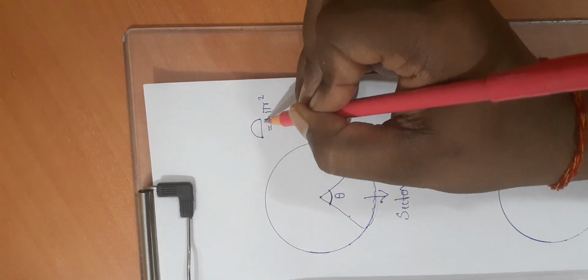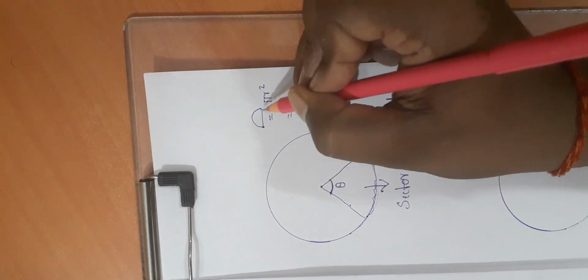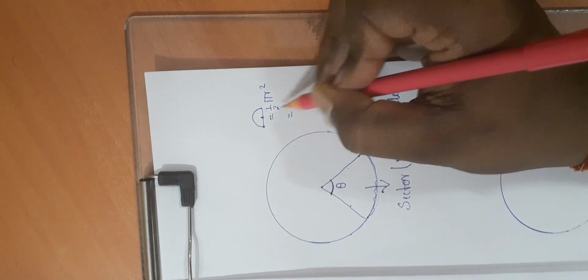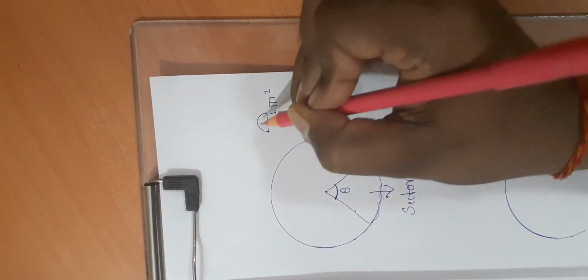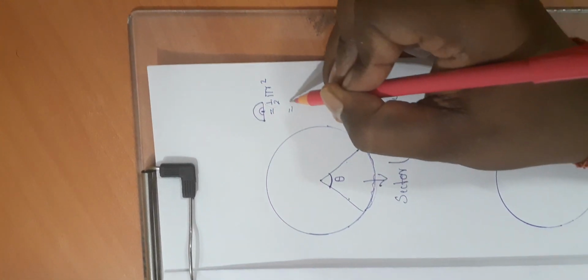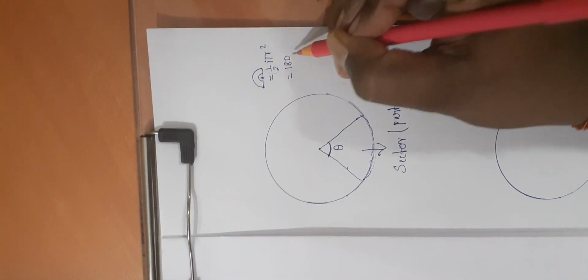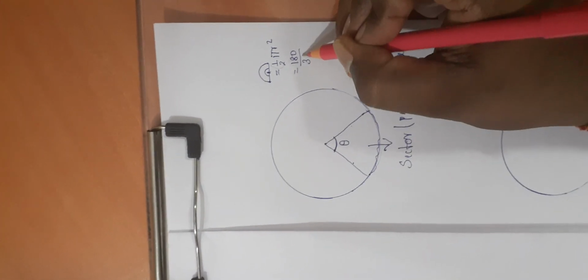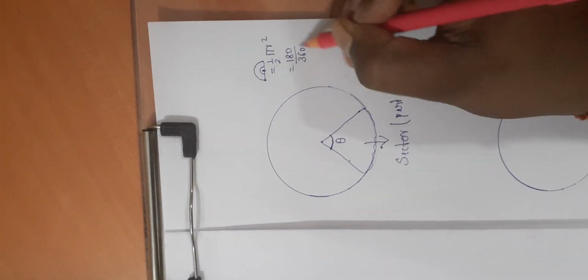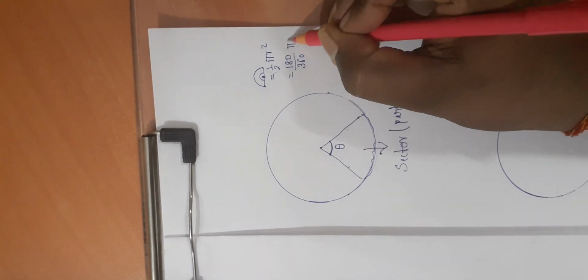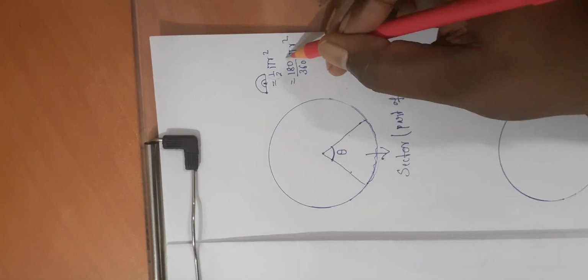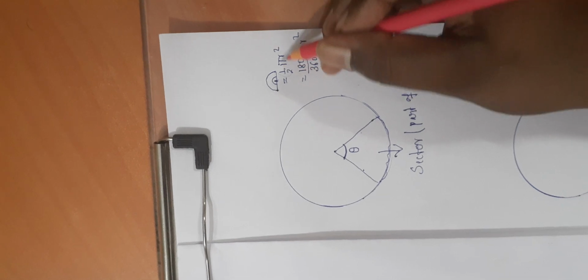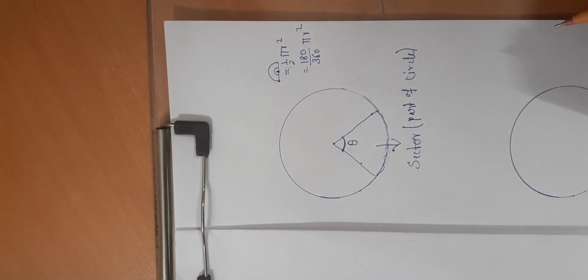You may ask how we are getting half, because this half is nothing but the angle at the center. What is this angle actually? This angle is 180, out of a total of 360 from the circle, multiplied by pi r square. So when we cancel this, we get half pi r square.